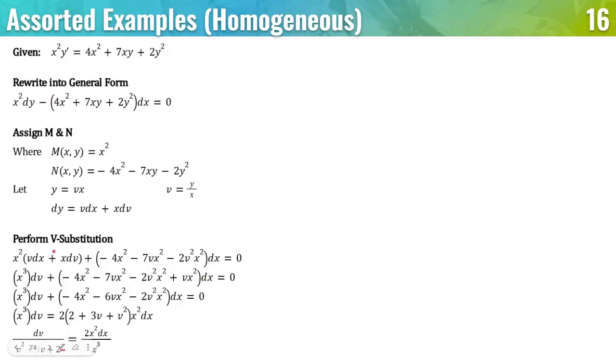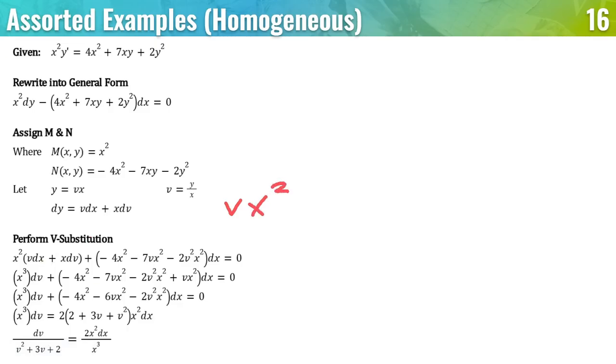So for example, here in this v dx plus x dv, there's going to be x cubed for the dv. As you noticed, I didn't remove it from the parentheses anymore. I just regrouped them. The x cubed dv goes here, and then the other one with the vx is going to be vx squared dx.